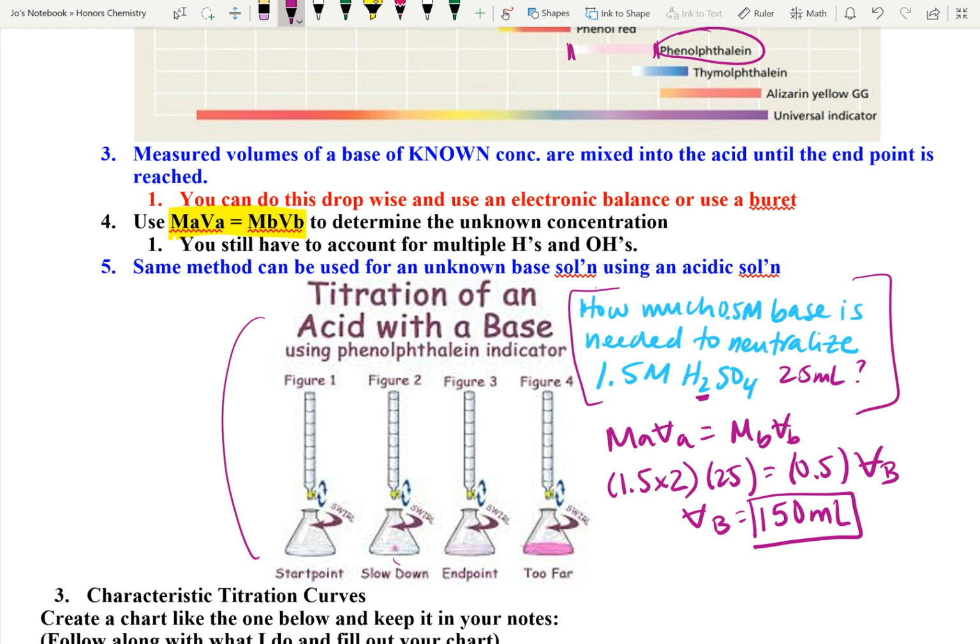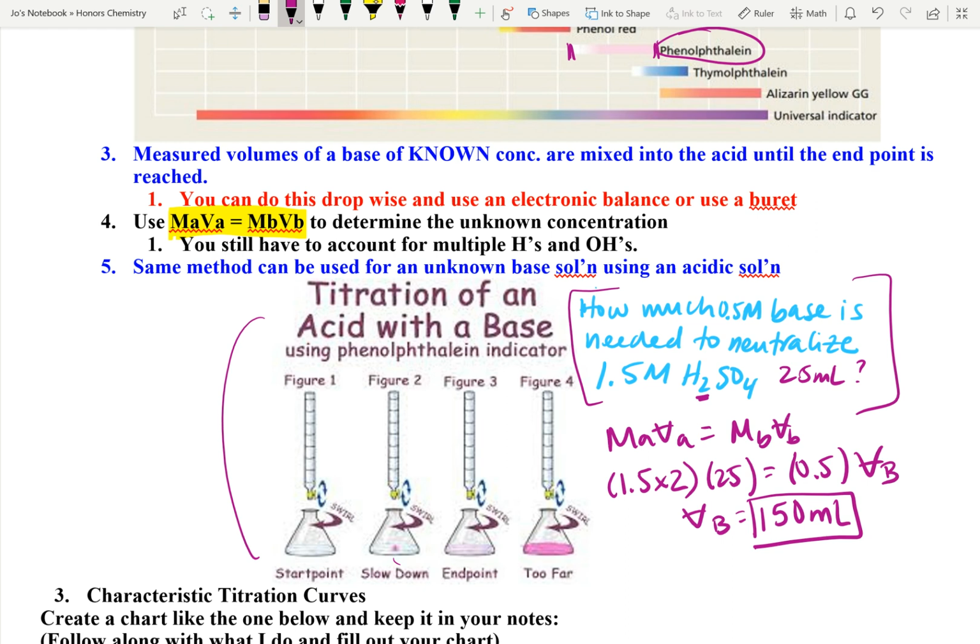Now, if I change this problem to being HCl, this would be the exact same process, but instead of the 2 here, the 2 would be gone, and so that would just change your concentrations a lot. So if I didn't have that 2 there, it would make quite a difference in your amounts.